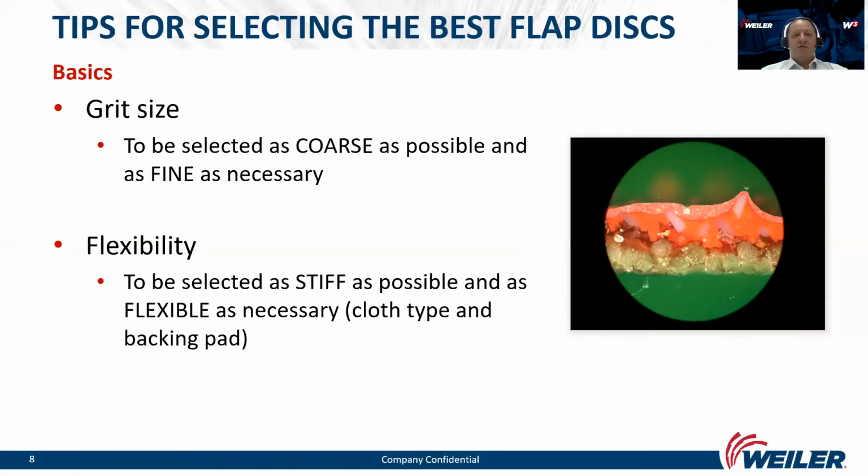Because stiffer discs also grind faster and perform a longer tool life. So we have to select the backing pads as stiff as possible. Here we have to consider also this. Stiffer or harder discs are better on sharp edges, but softer discs are better on welds and on other irregular surfaces.